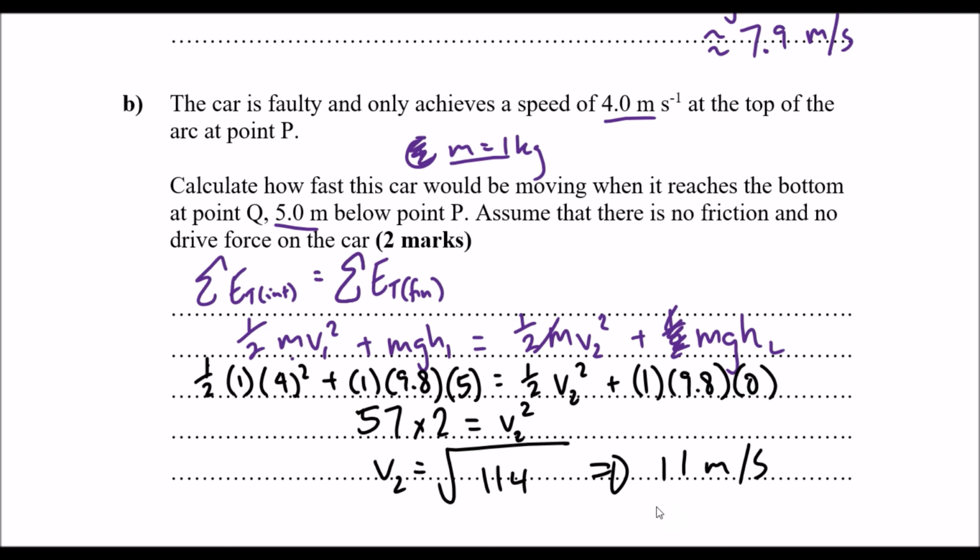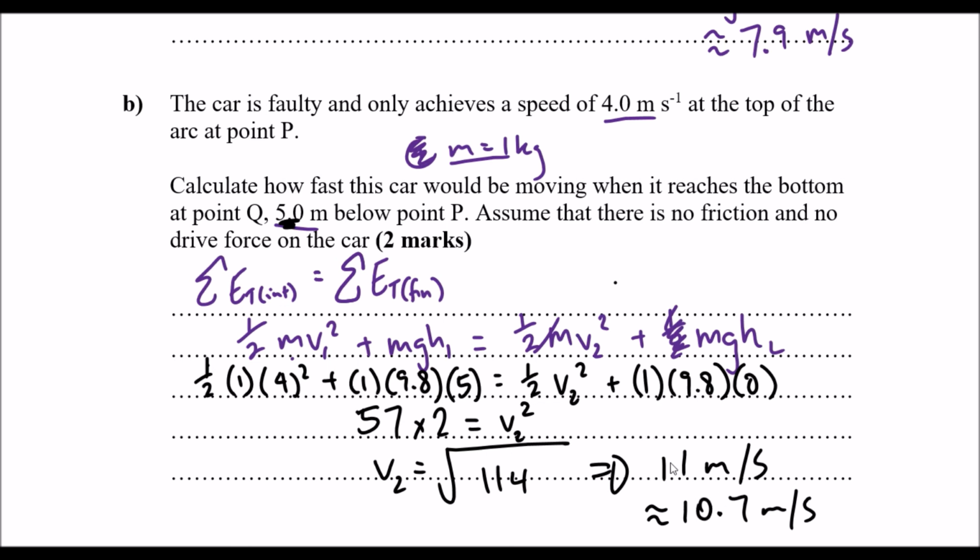If we were to do it to 3 sig figs, it would be around 10.7 meters per second. Okay, so that's how you do the question. Or actually, it might just mean that they want it in 1 decimal place.